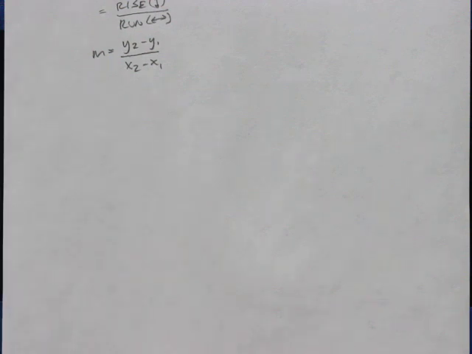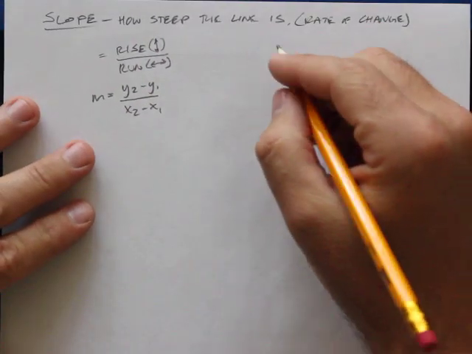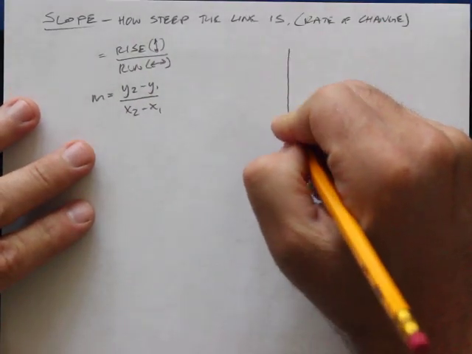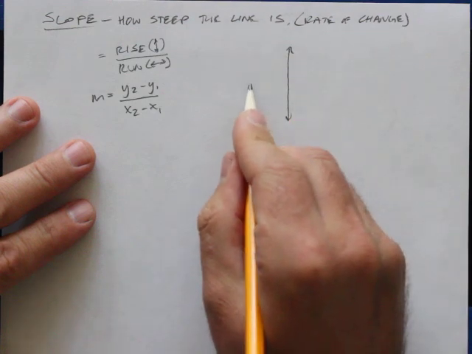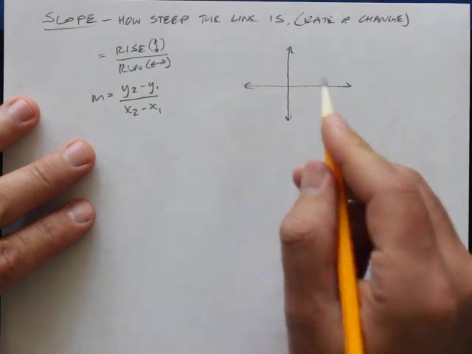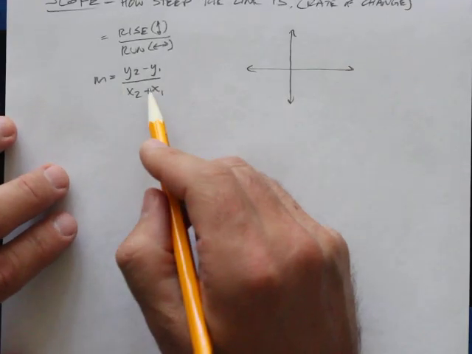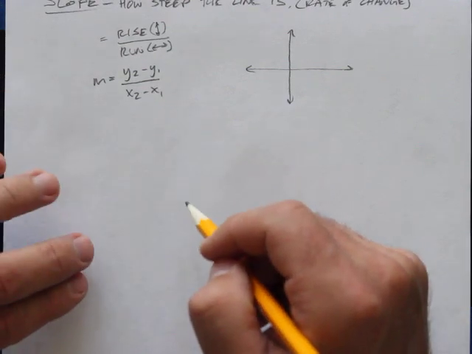Okay, now there is one thing that I want to show you here, over here on the right. And we've looked at how to use this formula, and we're going to do that again very soon.